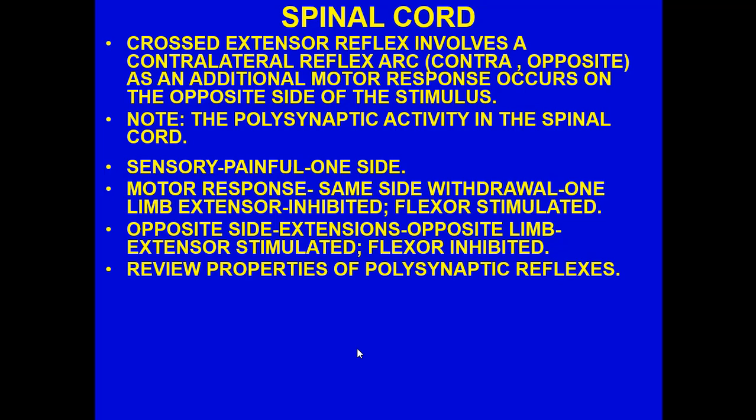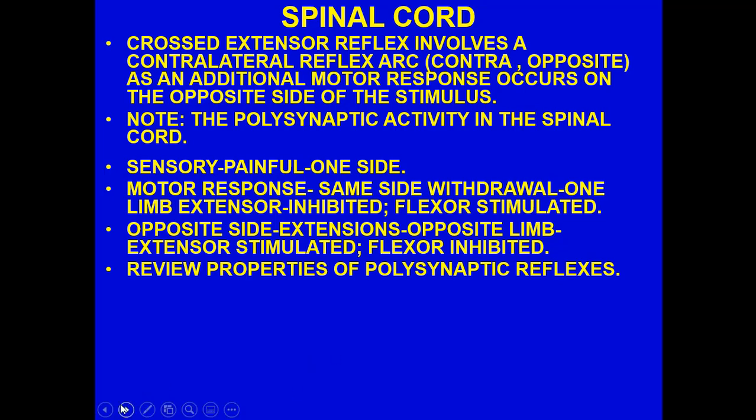The motor response on the same side is withdrawal: the limb extensor is inhibited and the flexor is stimulated. On the opposite side, you're going to have an extension, not a withdrawal. In the opposite limb, the extensor is stimulated and the flexor is inhibited.